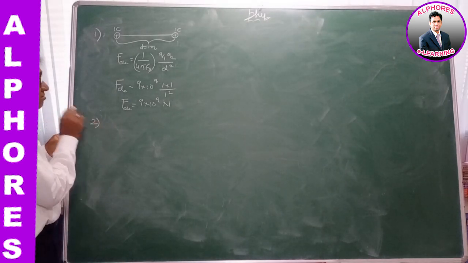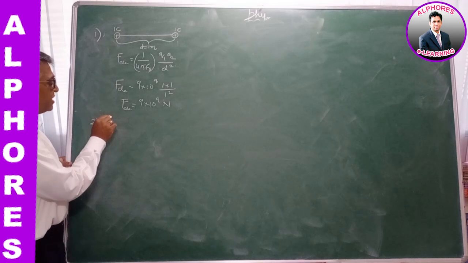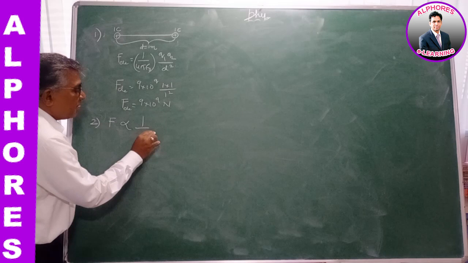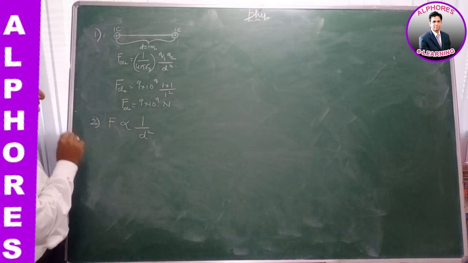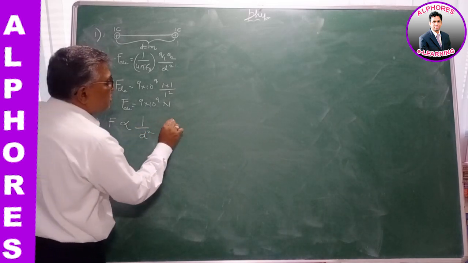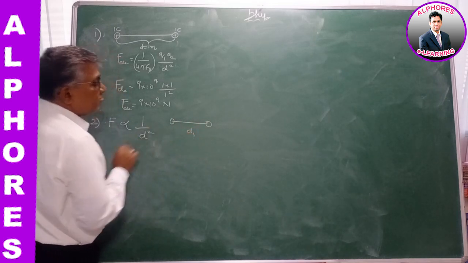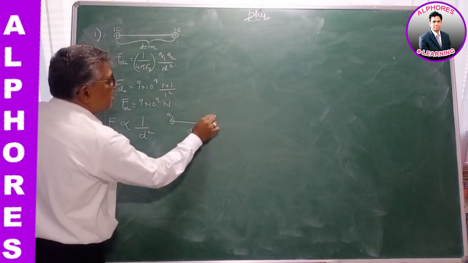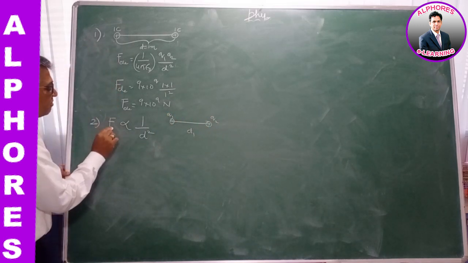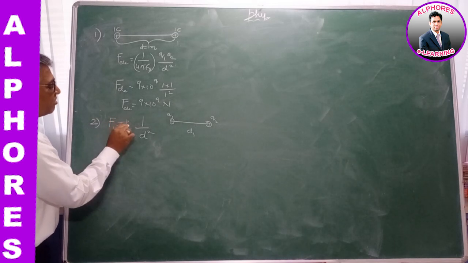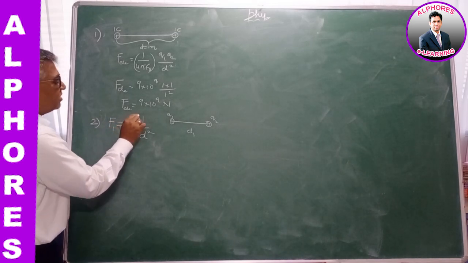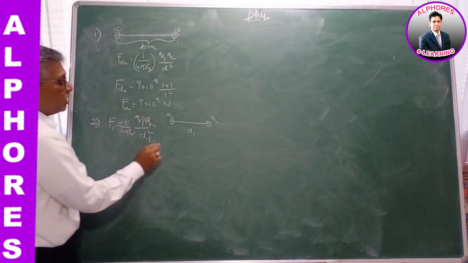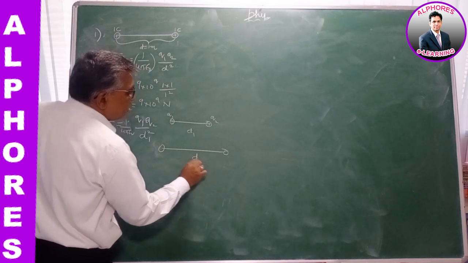Second, suppose this force is inversely proportional to the square of the distance. Now based on this the question can be asked like this. When two charges are separated by a distance d1, the force between them is F1, right? So F1 is equal to 1 by 4 pi epsilon naught Q1 Q2 by d1 square. Now the distance between them is changed to d2.